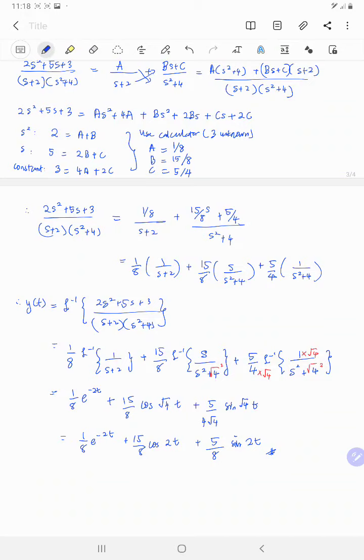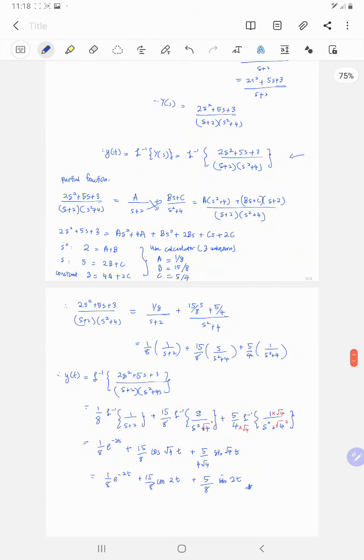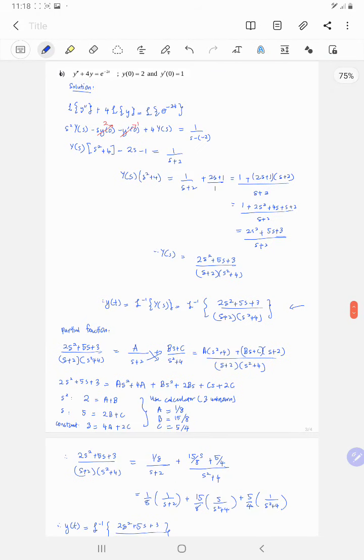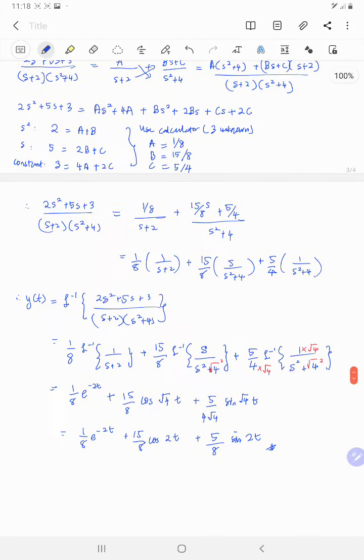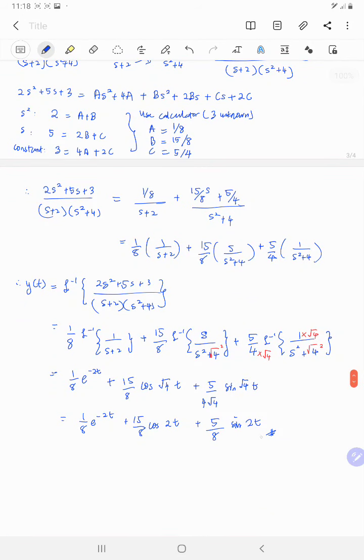Okay. So that's the answer. The solution to the second order ODE, y double prime plus 4y equals e to the negative 2t, with the initial conditions given, is given by this solution.